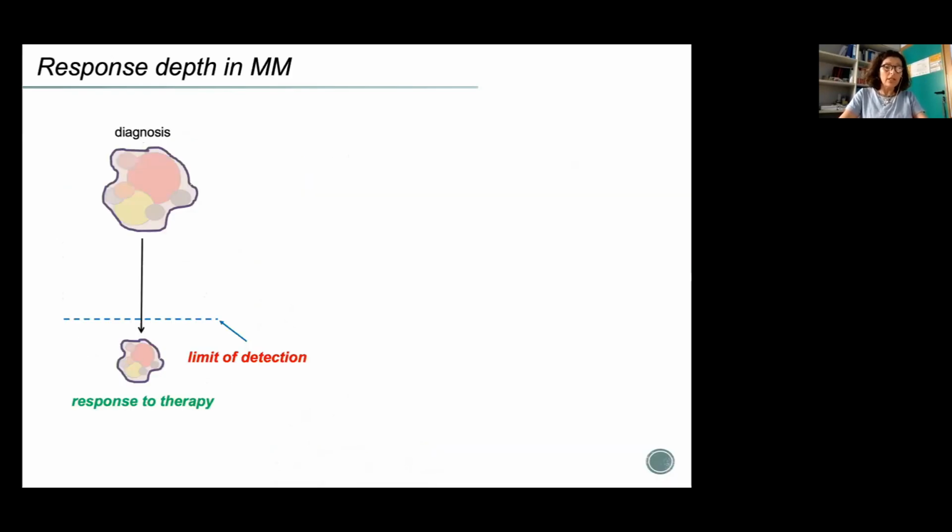As already mentioned, the rate of good quality response in myeloma has greatly improved over the years, thus highlighting the importance of the depth of response. Overall, remission means reduction of the tumor burden under the limit of detection of the methods employed to detect it.